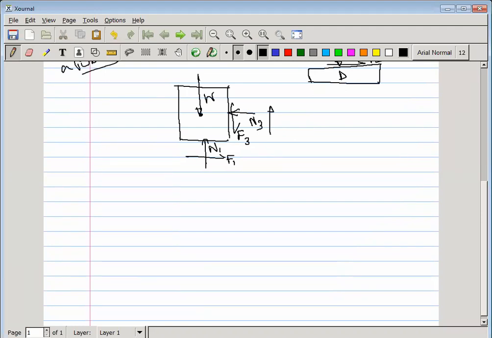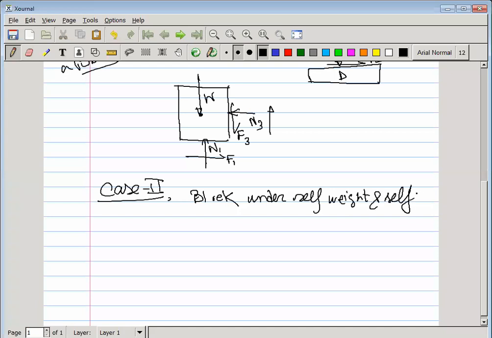Yes, sir. Okay, now suppose another condition, case 2, where we consider the block under self weight and self-locking wedges.